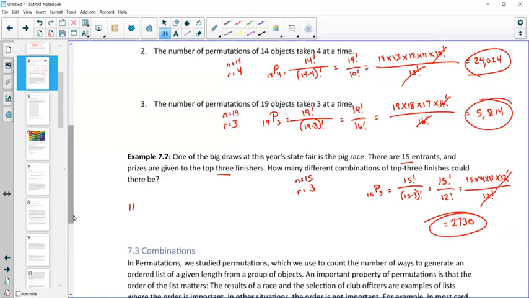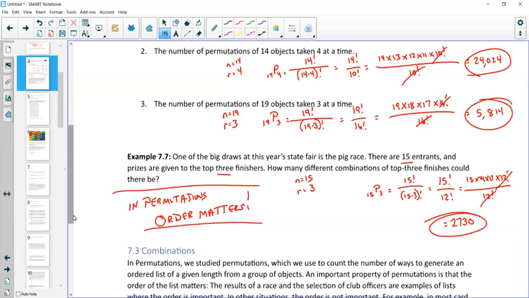So in permutations, order matters. That's very important to remember. And that finishes up our permutation section.